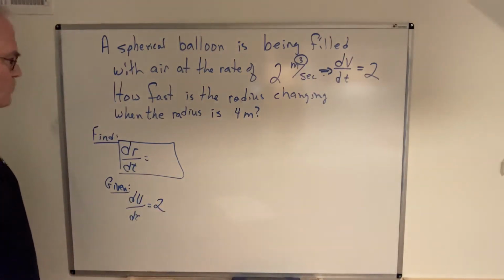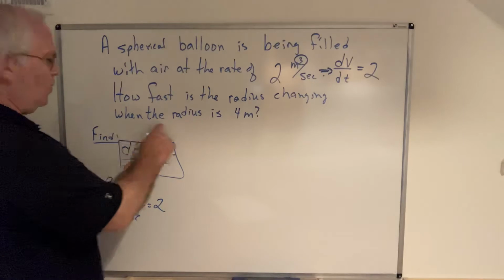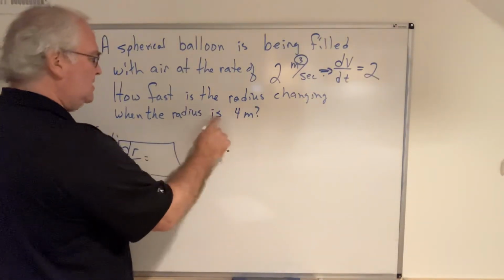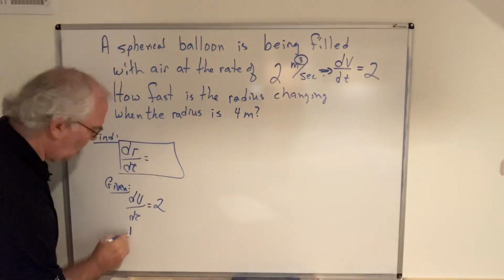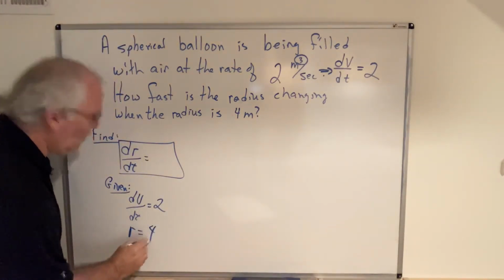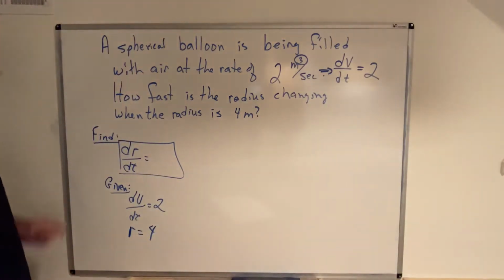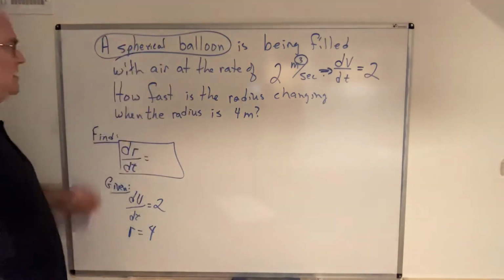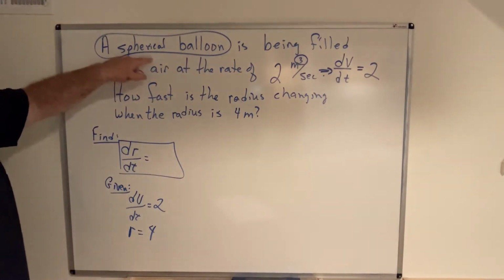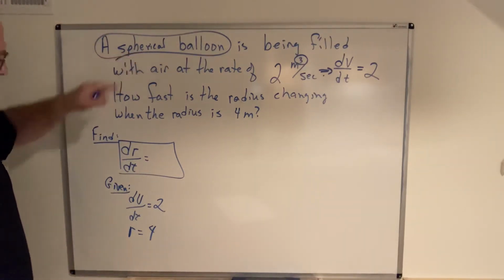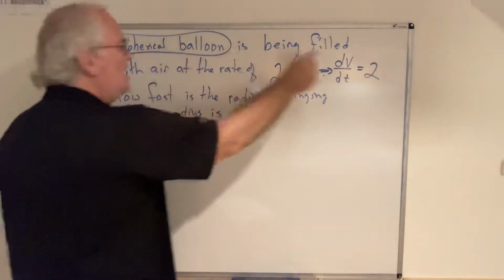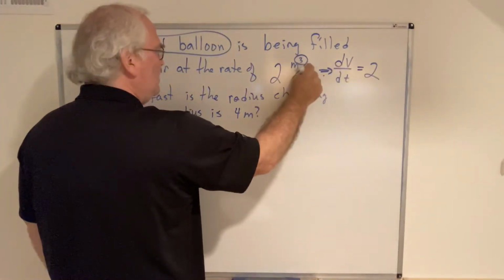All right? What else are we given? The radius is 4. R is equal to 4. We're given that. And one last piece of information. I will always give you the geometric formulas. The volume of a sphere, and I know we're talking volume because of cubic meters.